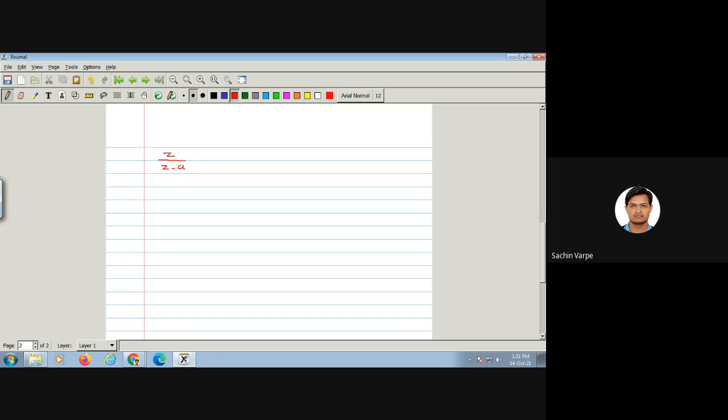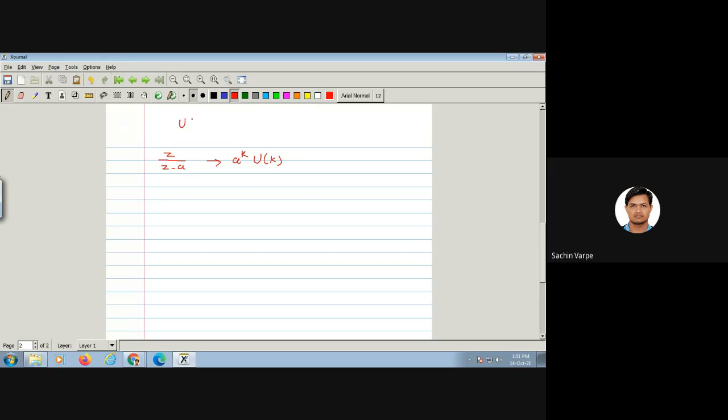So if I apply the inverse z transform onto this function, then that will be a raised to k for k positive. But we are not going to write f of k as a raised to k. We are going to write this as a raised to k into u of k, where u of k is the unit step function.